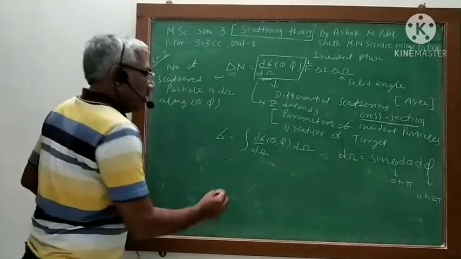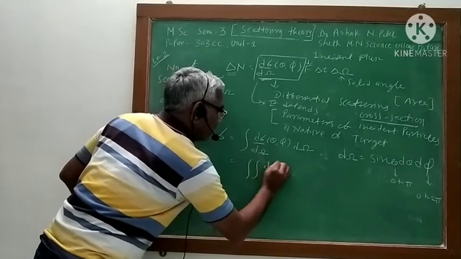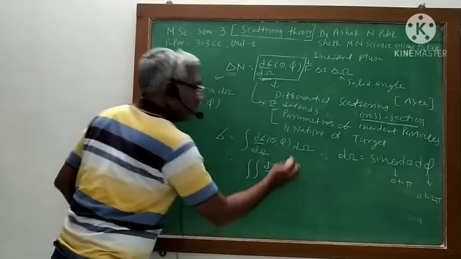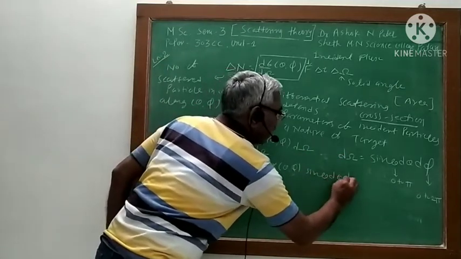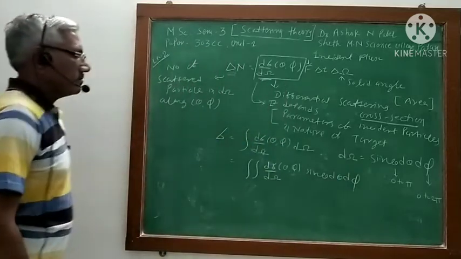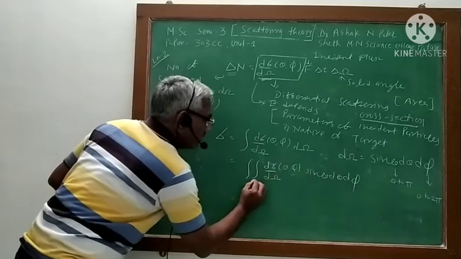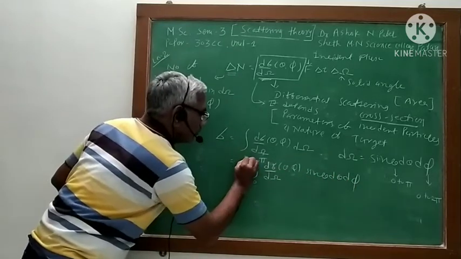So if I represent d sigma by d omega of theta phi with sin theta d theta d phi, then the integration for theta is 0 to pi, and for phi it is 0 to 2 pi.